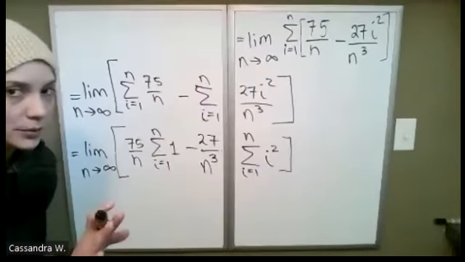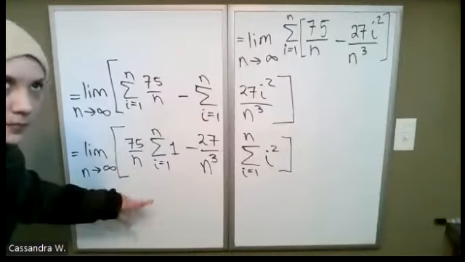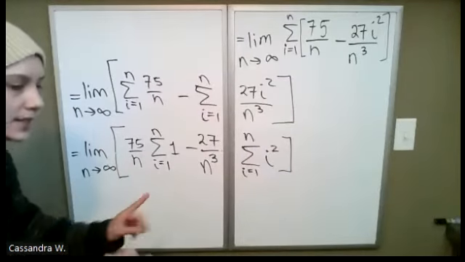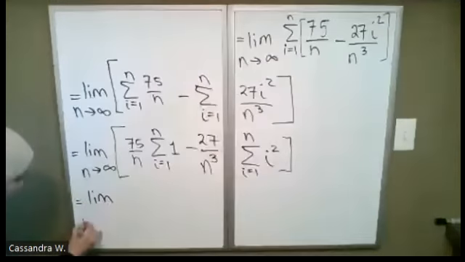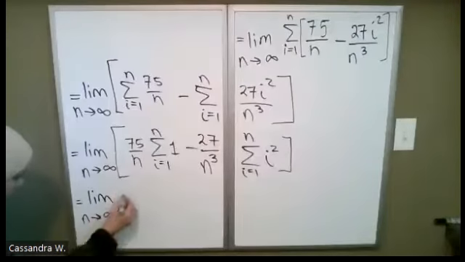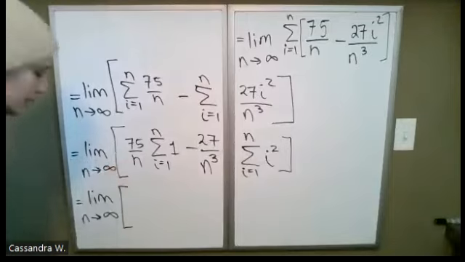Okay, let's write down that first rule. So we're going from here to here, rule number 1. We have the limit as n goes to infinity of 75 over n.